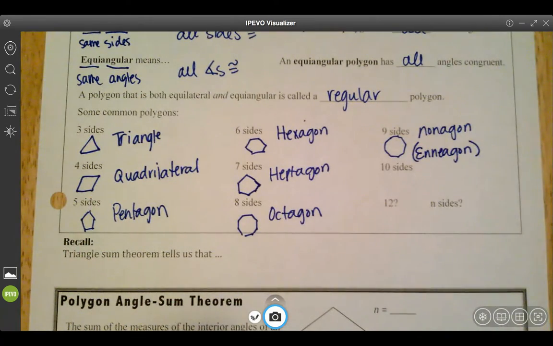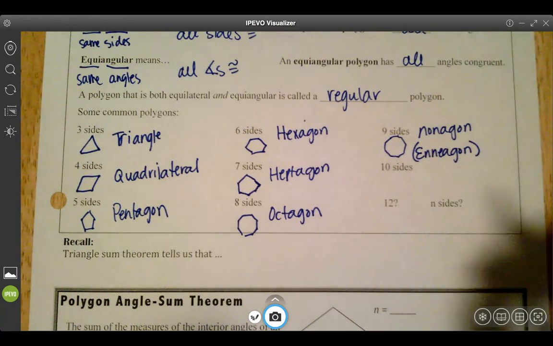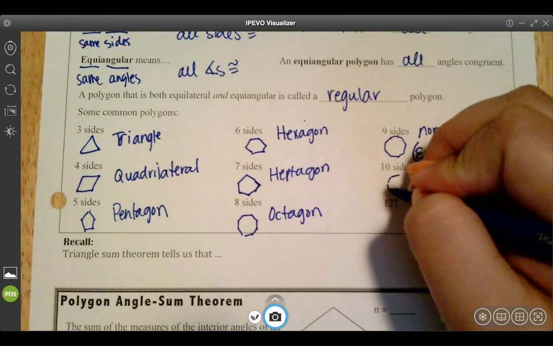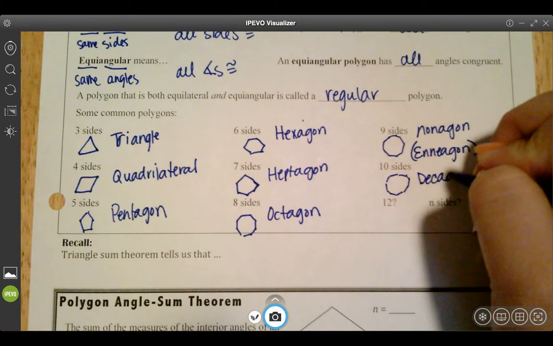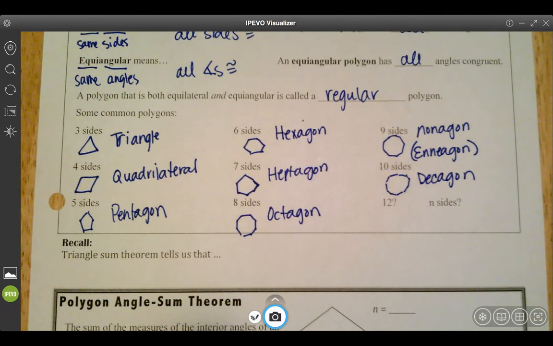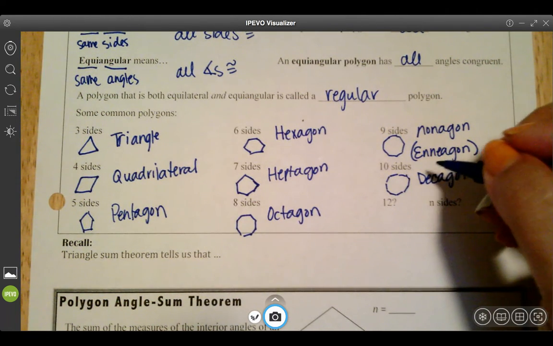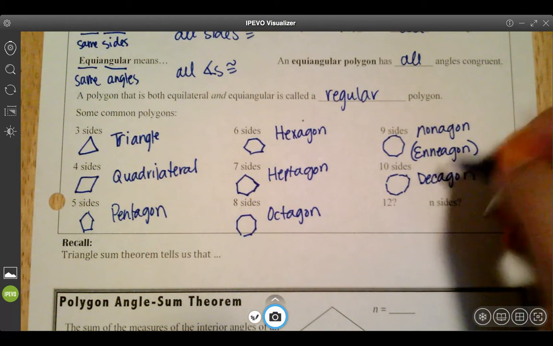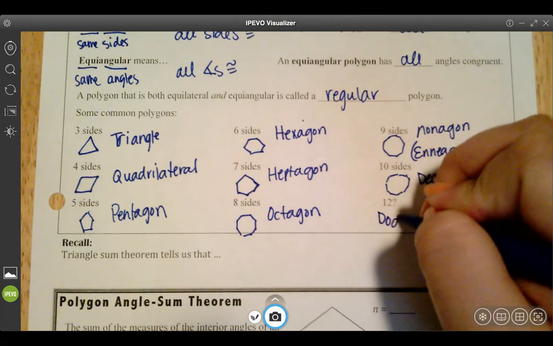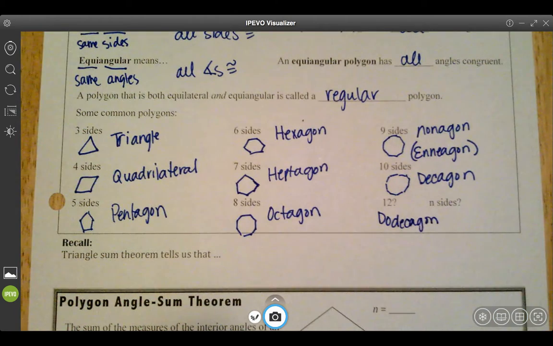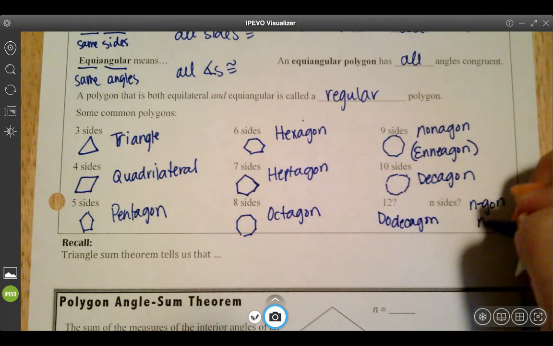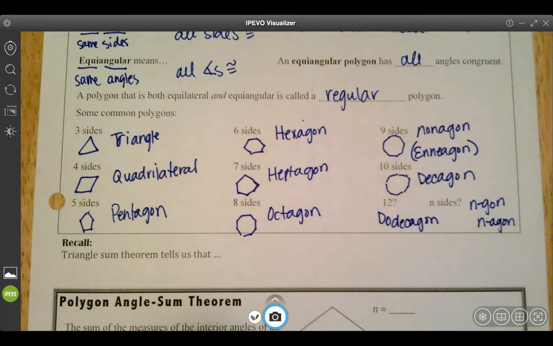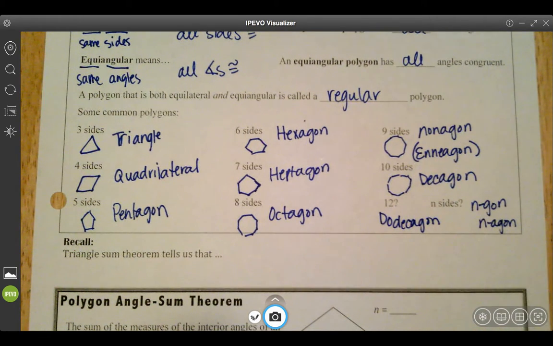Almost always it's called a nonagon, but you might see it referred to as an enneagon sometimes. 10 sides is a decagon. 12 sides, 12 is 10 and 2, so do for 2 and deca for 10. 12 sides is a dodecagon. And anything other than that, we'll just call it an n-gon. And that just means n number of sides.